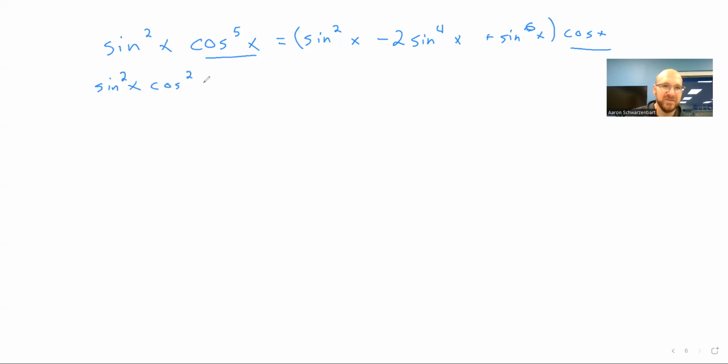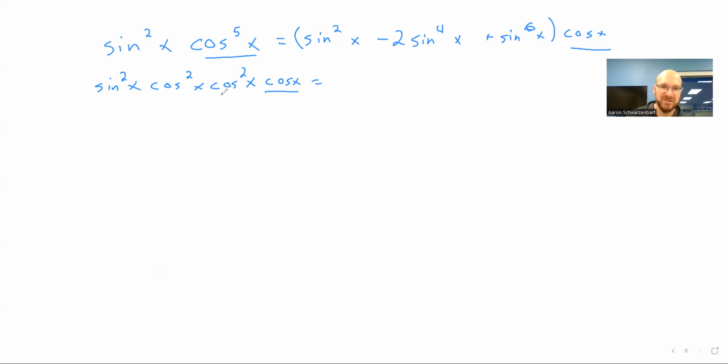I'm going to take cosine to the 5th, and we have lots of identities for cosine squared. So I'm going to leave that 1 cosine. Now, this matches with what's underlined over here on my right, so I'm going to leave that one alone.